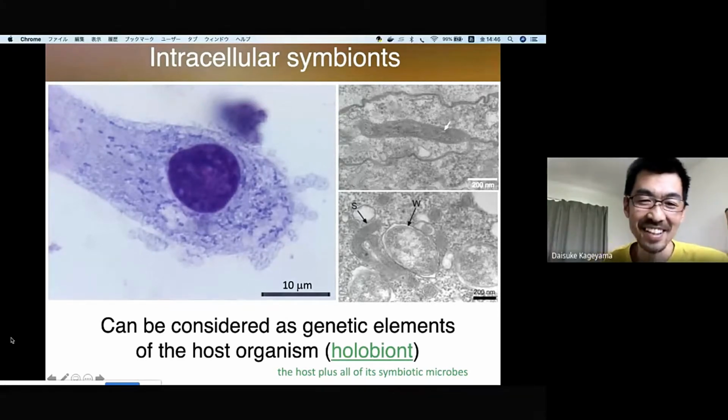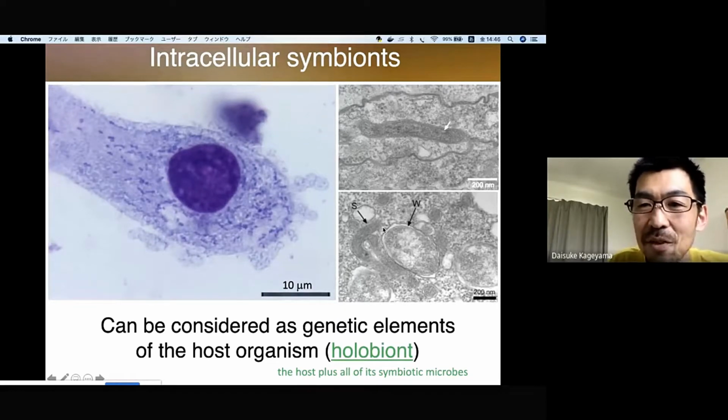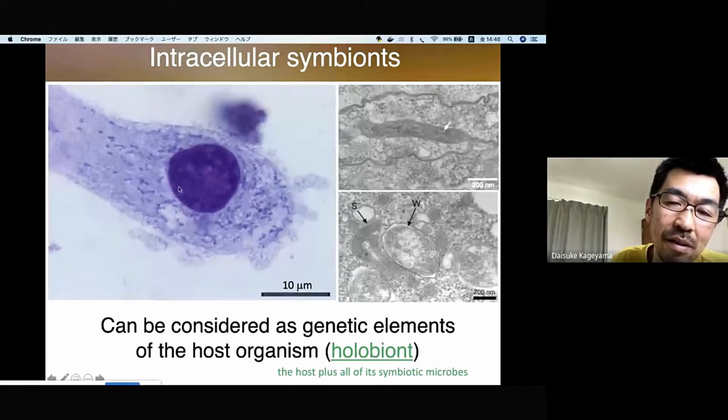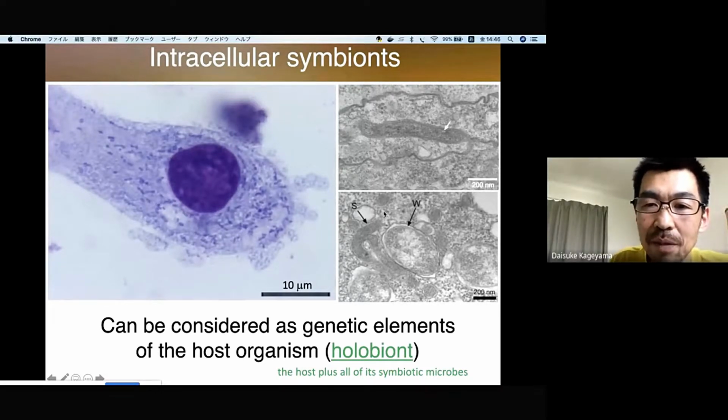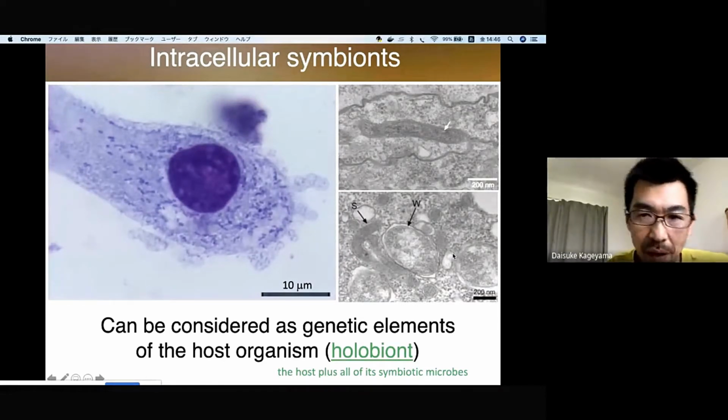And the photos on the right side are electron microscopy. This is another different bacterium, Wolbachia, and Spiroplasma in the insects within the insect cells. Such symbionts, we call endosymbionts or bacterial symbionts.